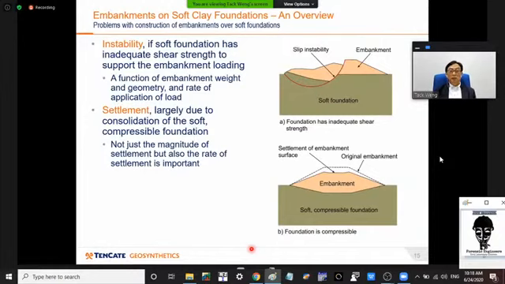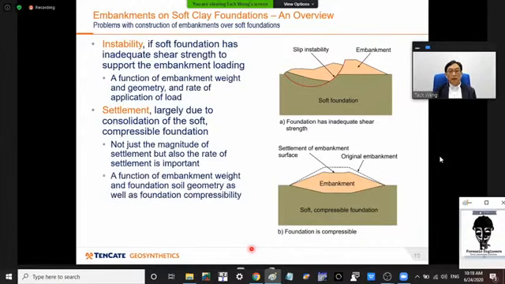Because if the settlement takes too long a time to happen, then after you, say, put on the highway pavement, it will still continue to settle and crack your pavement. It is a function of the embankment weight and the soil geometry, as well as the foundation compressibility. And I should again emphasize, limiting the post-construction settlement is the key design criterion.